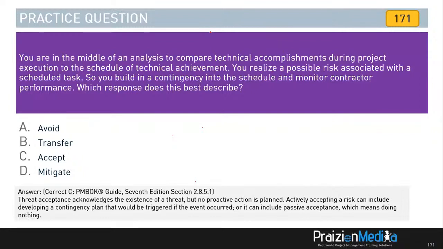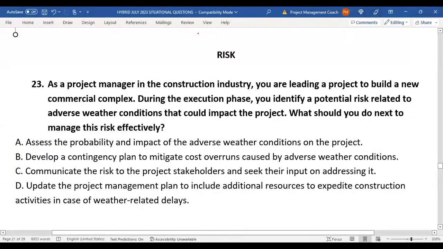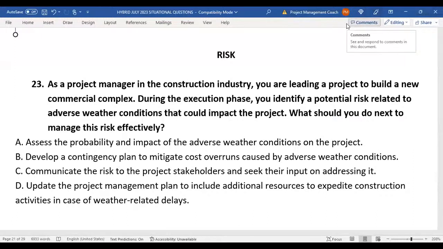All right. With that said, my friends, we are going into our next zone where we take a look at some additional situational questions of a more exam stringent level.